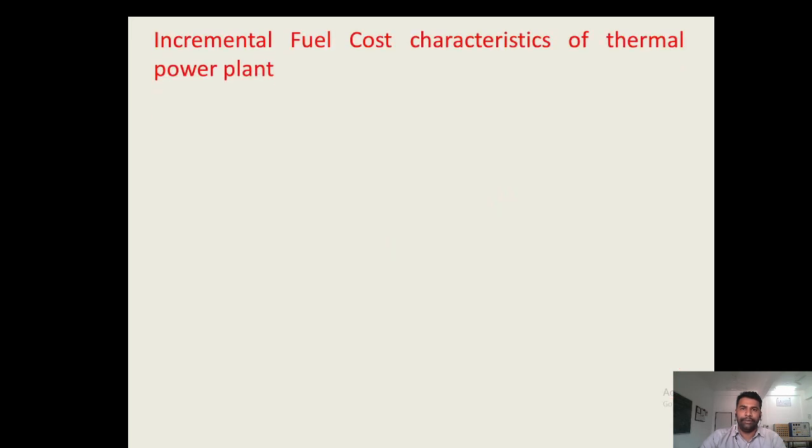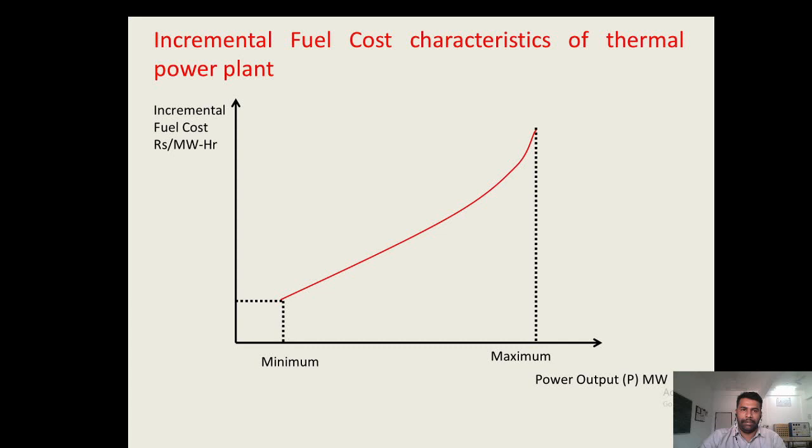Now, incremental fuel cost characteristics of thermal power plant. Here in these characteristics also we can assume that for this portion of the characteristics, the incremental cost per megawatt per hour production is very high as compared to the cost required to produce some lesser amount of power.